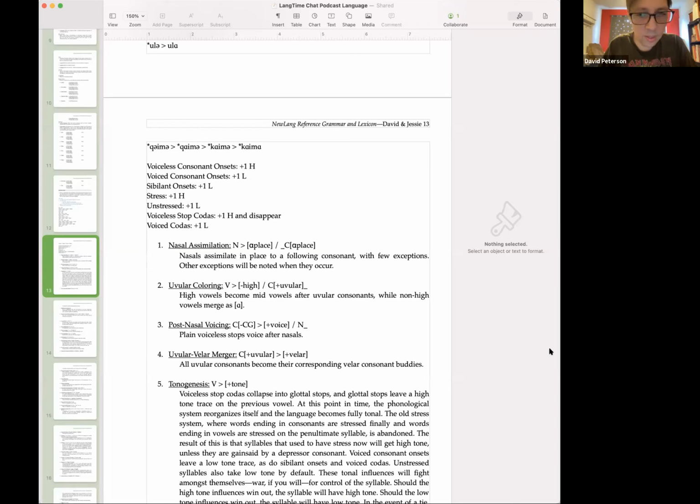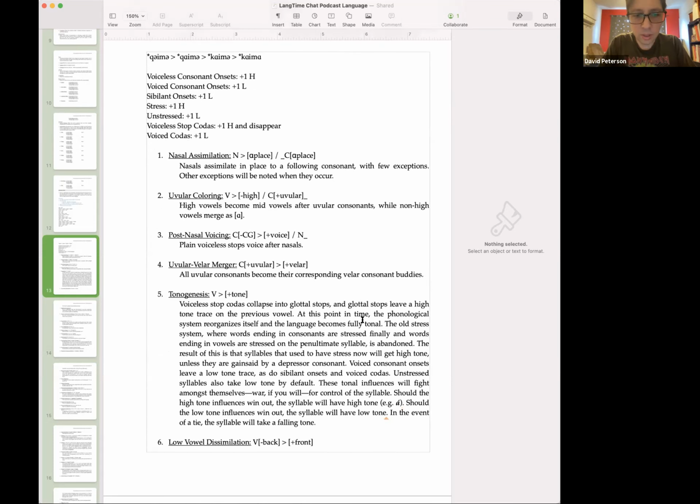And then let's say how these things are going to be written in our romanization. So we'll have high tone, low tone, and then falling tone.